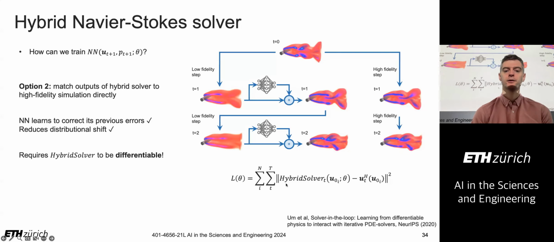But then when we evaluate the loss function, we need to differentiate this loss function with respect to theta, the parameters of the network, if we're going to do gradient descent on this end-to-end loss function. So what that means is it requires this hybrid solver to be differentiable. We need to be able to differentiate or backpropagate through this whole workflow to collect gradients of the network's weights with respect to the loss function.